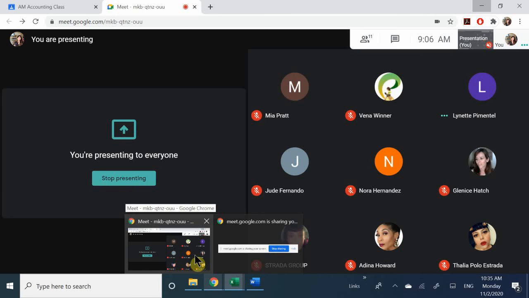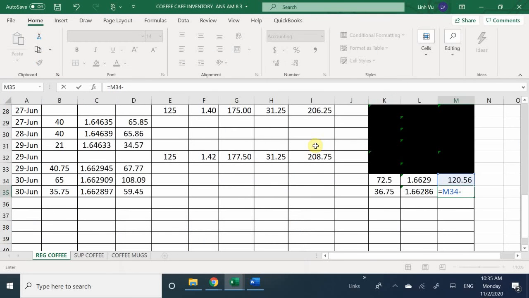I got 84. Okay, if we start with 120.56 and we sold 59.45, how much is left?